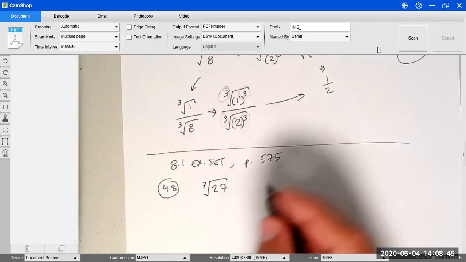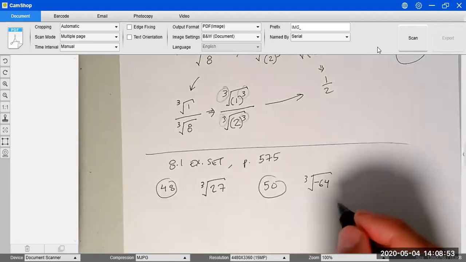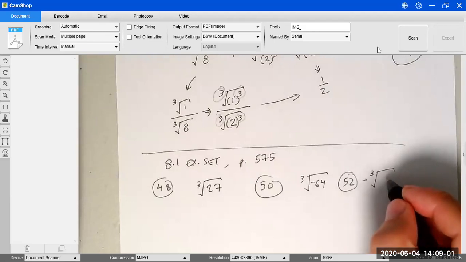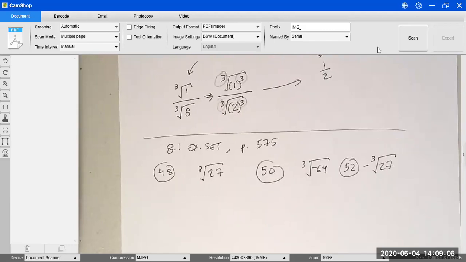Then we have 50, which is the cube root of negative 64. And finally 52 is negative the cube root of 27. So 3 more problems on this, and then we're going to continue with the next section. So work on this and send me your answers by using the chat box, or submit your reports later by using the submit button in the classwork section.